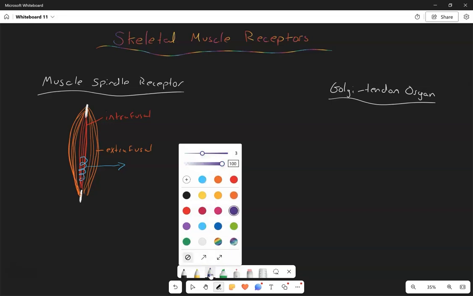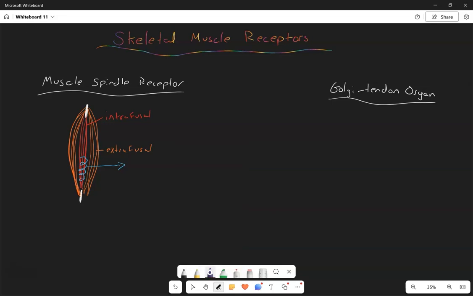Now, coming down into the muscle itself are motor neurons. Right? And there are two different types of motor neurons that we talk about. There are alpha motor neurons, which are going to innervate those extrafusal muscle fibers, right? So your alpha neurons are going to send signals to the extrafusal fibers.